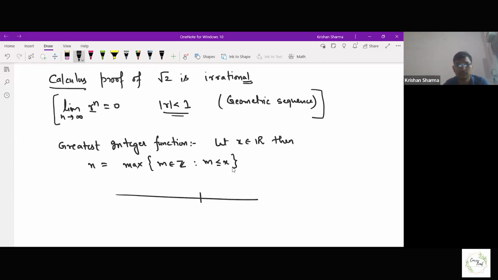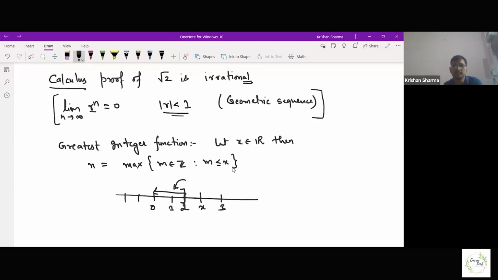Suppose this is your x, then there are lots of integers. Suppose 0 is here, 1 is here, 2 is here, 3 is here. So there are many integers which are less than x, and the greatest integer function gives us the maximum of all those integers. Okay.